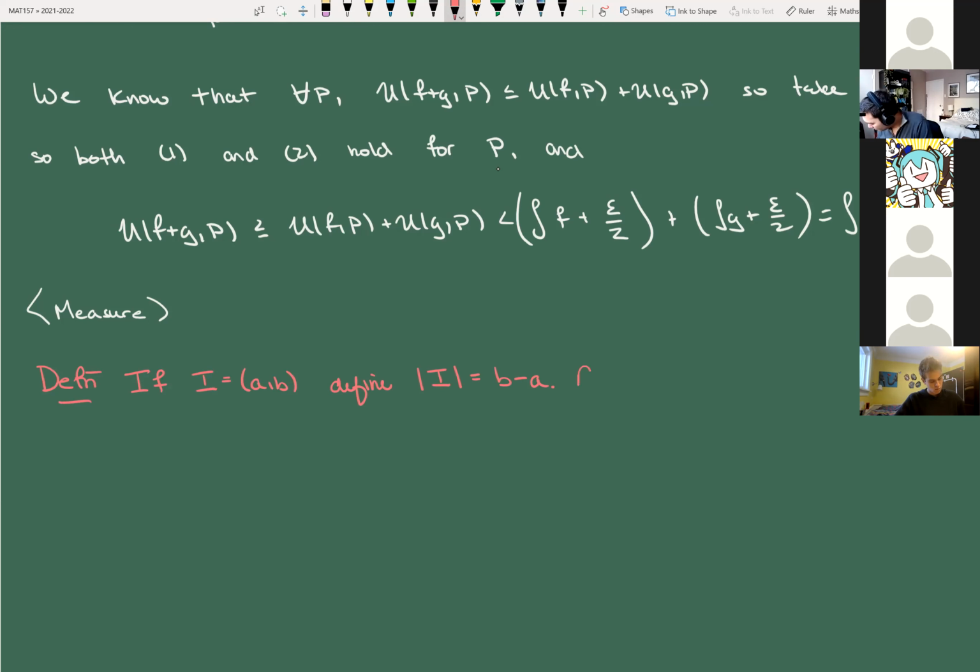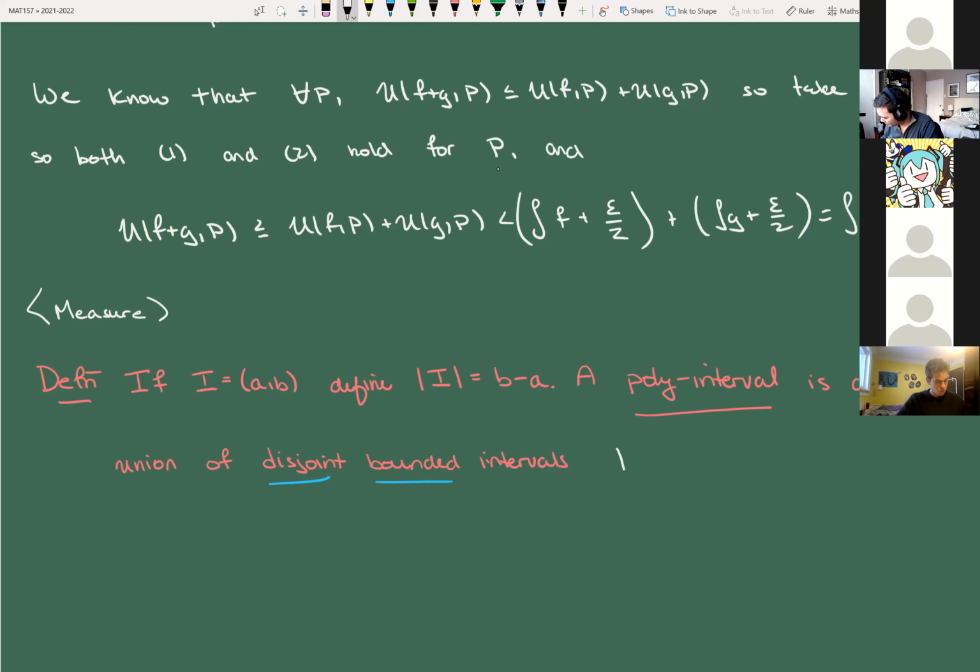A polyinterval is a finite union of disjoint, bounded intervals. The important points, let me underline in a different color: finite union of disjoint bounded intervals.